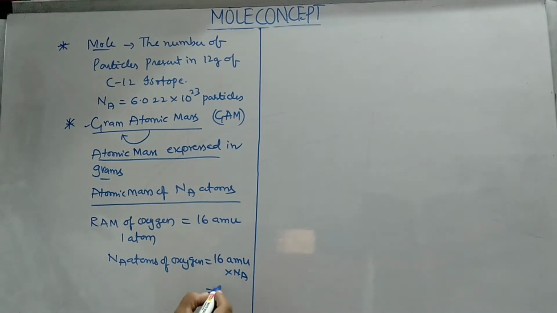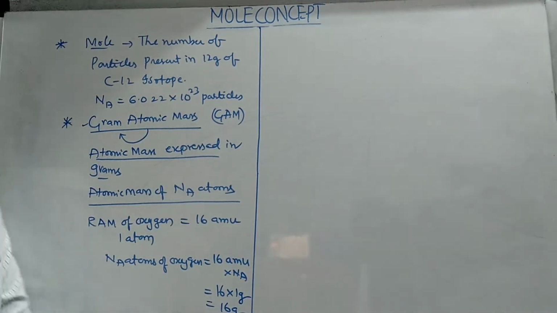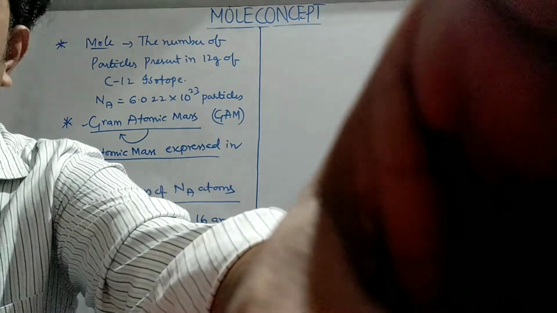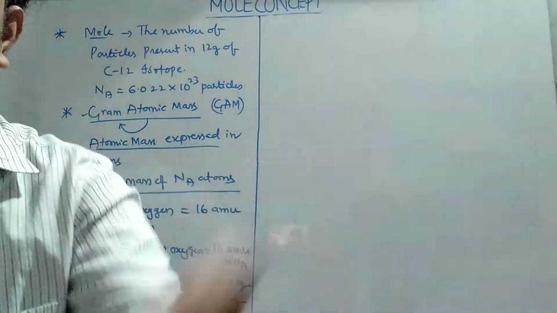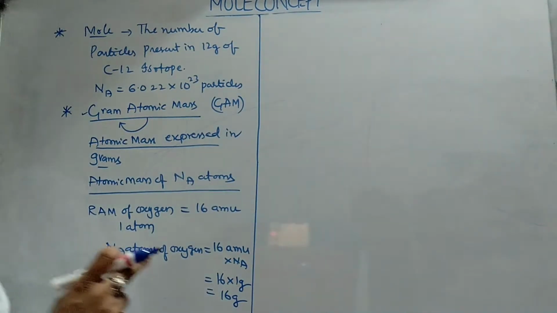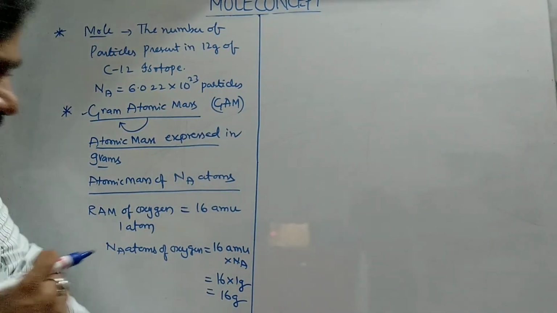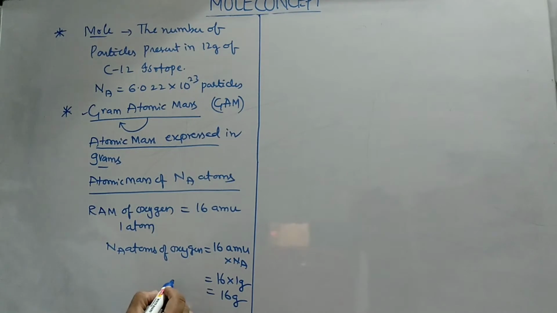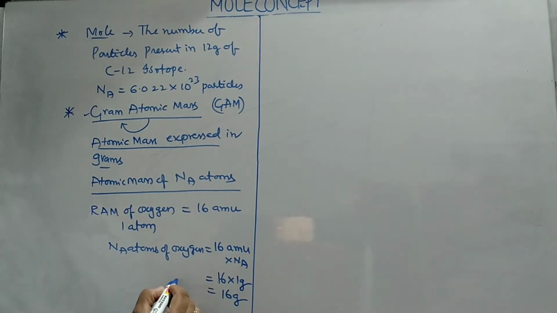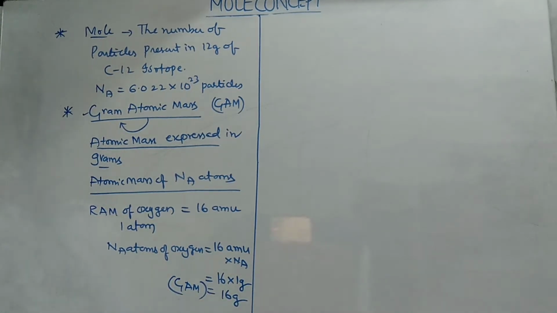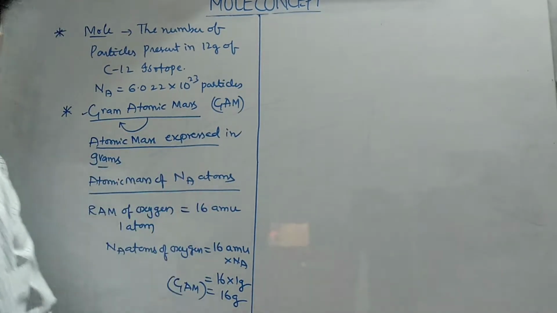As you know, AMU into Na is nothing but 1 gram, as we discussed previously. So we get the answer as 16 grams. 16 grams is the mass of Avogadro number of atoms of oxygen. Simply we can write it as GAM, the gram atomic mass of oxygen.